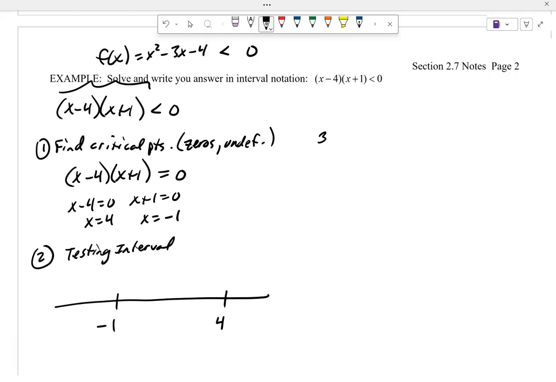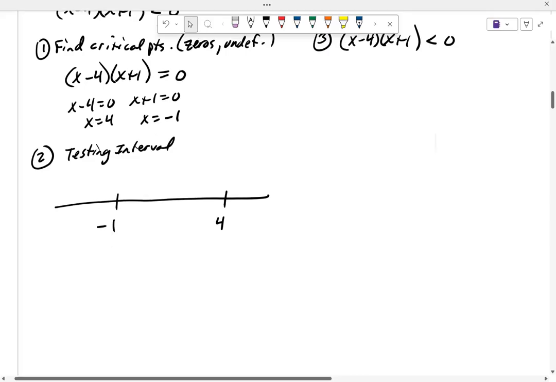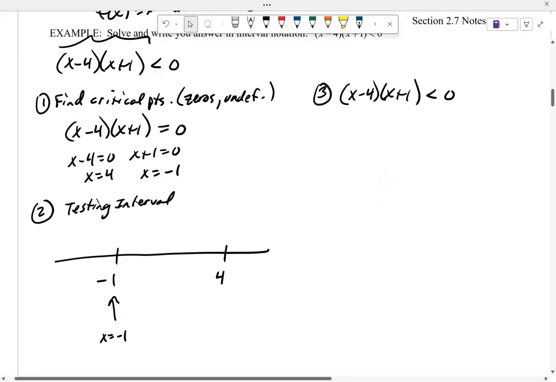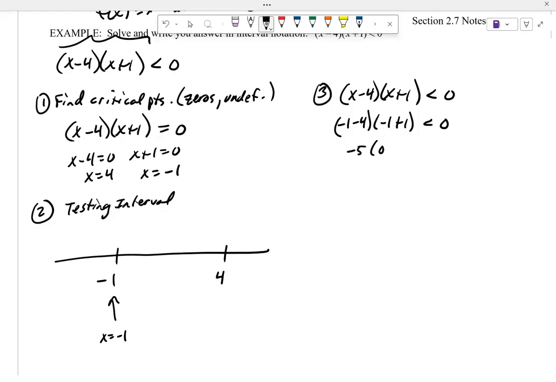Well, I'm testing it in this: x minus 4 times x plus 1 less than 0. Let's test these critical numbers. Can I include them? If I test -1, -1 minus 4, -1 plus 1, -5 times 0, is 0 less than 0? Hopefully you say false.